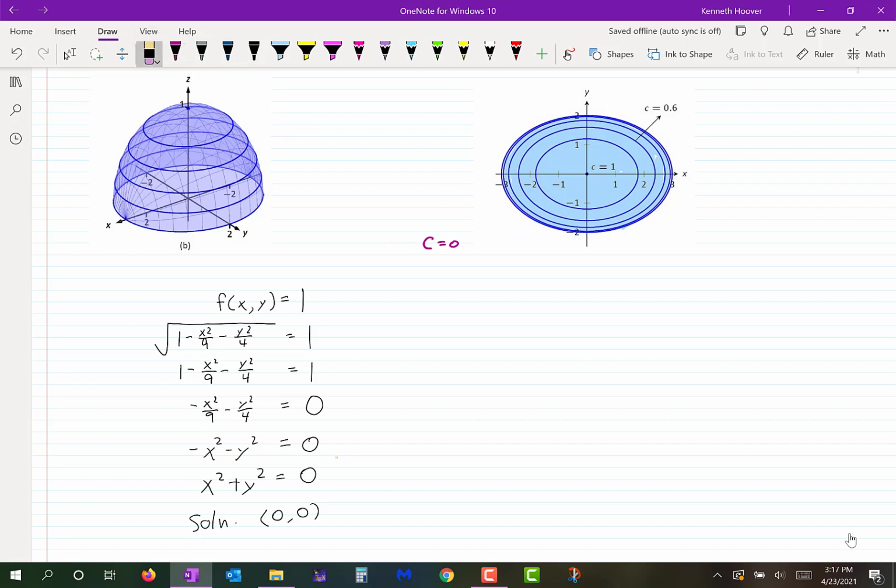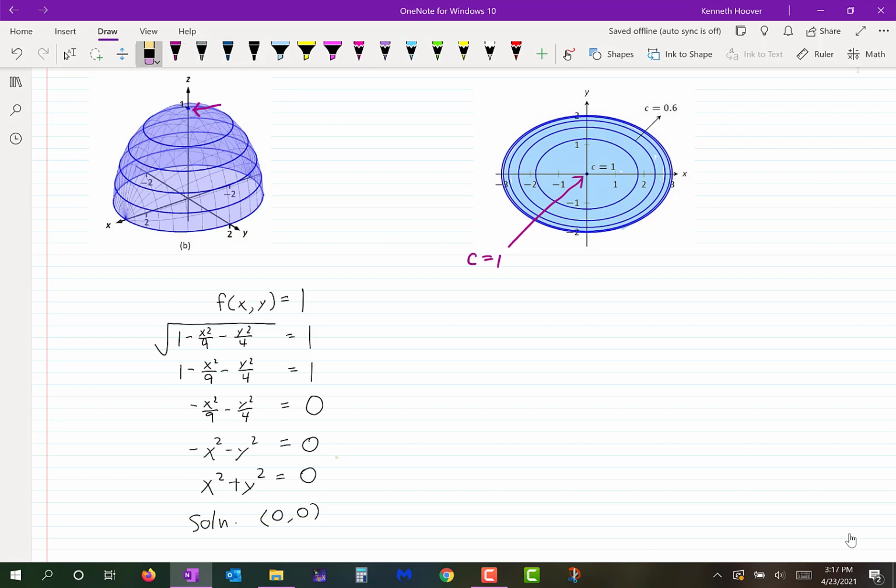And then the next one going in, I'm pretty sure that's probably c equals 0.8, and that corresponds to this ring. And then the middle one that we looked at a minute ago is just 1 point. That's c equals 1. Even though it's only 1 point, we still call it a level curve. We don't call it a level point. That corresponds to this point right at the top of the dome.